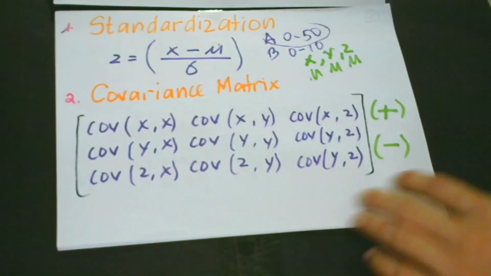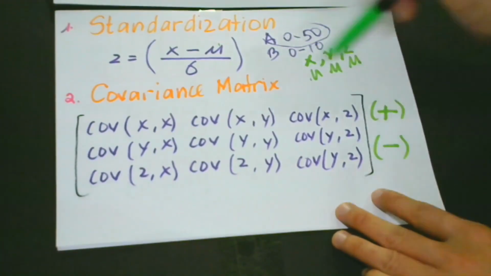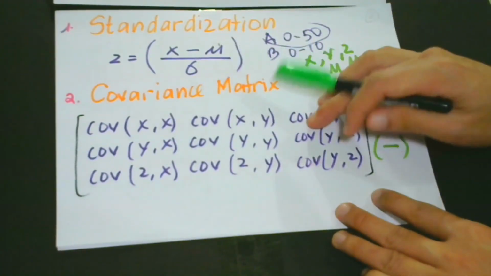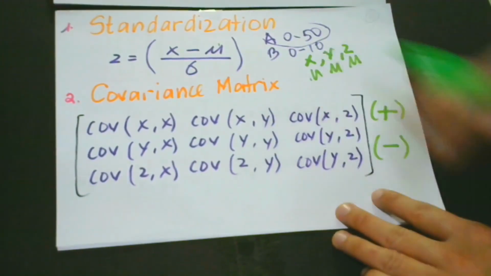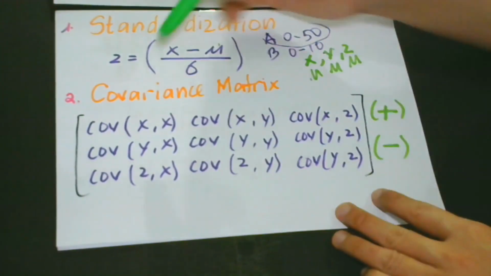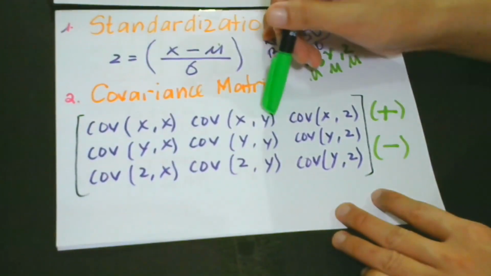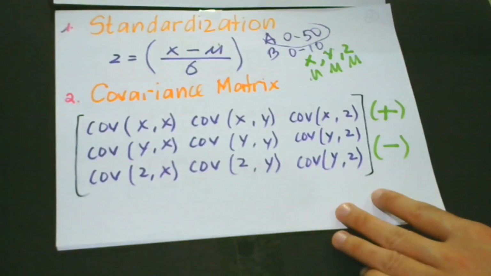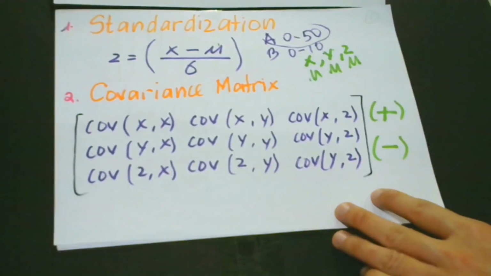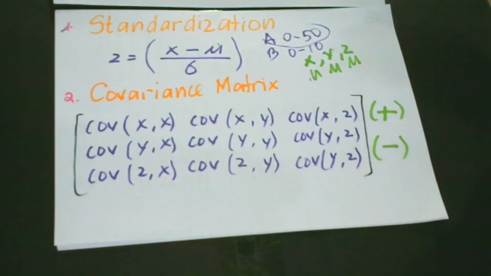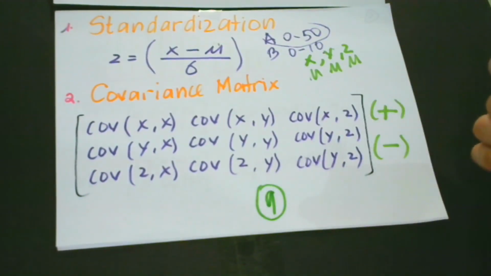So again, our initial variables are x, y, and z, and in this case we have three variables again. Then we have three combinations for each one. So for x we have three combinations, for y we have three combinations, and for variable z we have three combinations. And if you total them, all in all we do have 9 combinations.